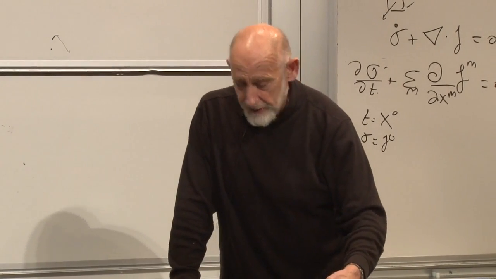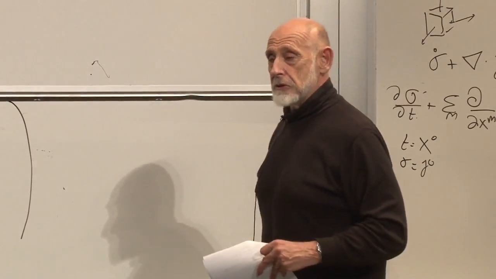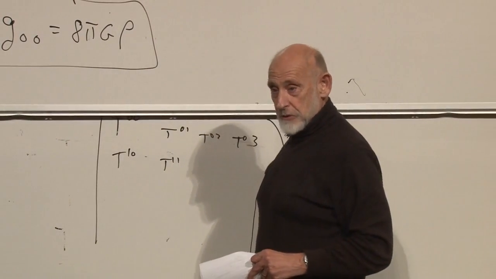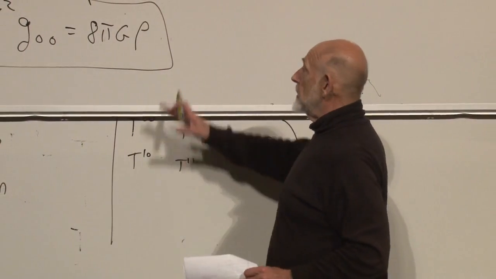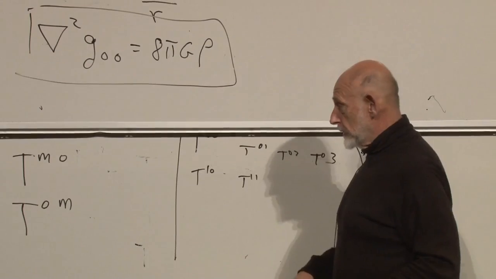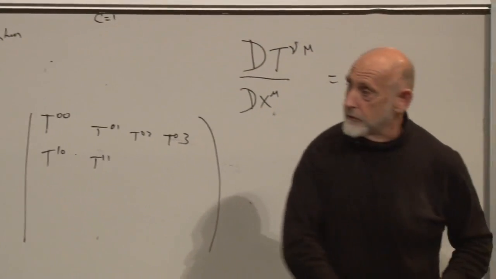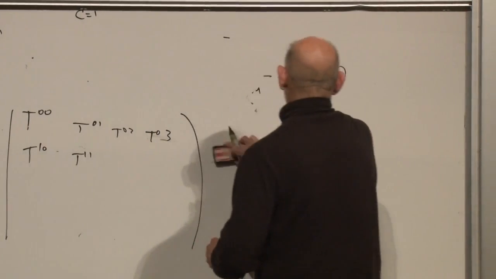But the right-hand side of Einstein's equations must involve not a particular component of a tensor, but it must generalize to something that involves all components of the tensor. So that means Einstein's generalization of Newton must read something like this.